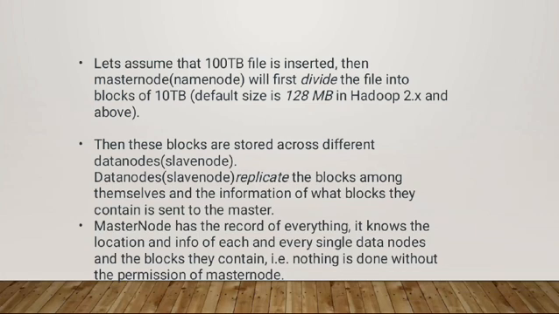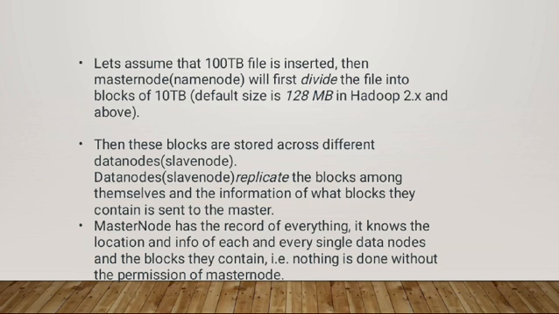Hadoop Distributed File System is designed for very large files, hundreds of megabytes or gigabytes in size. Then these blocks are stored across different data nodes. A data node is a slave node.